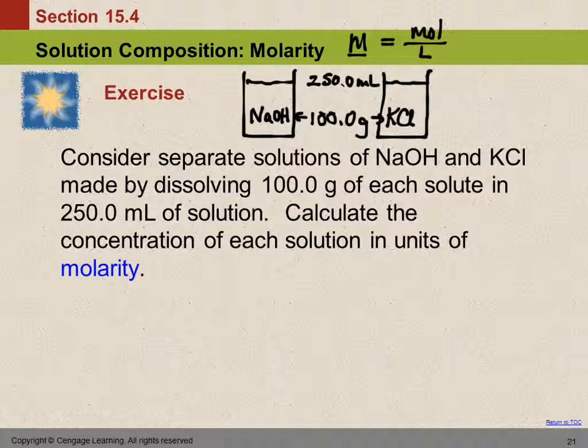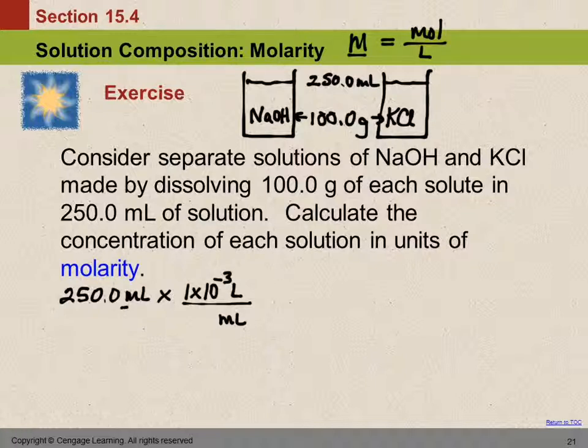So we could convert that. 250 milliliters times, we want milliliters on the bottom and liters on top. And then we say to ourselves, what does milli mean? It's 10 to the minus 3.